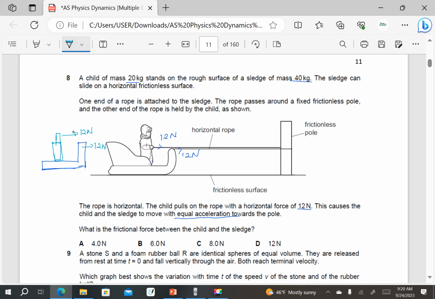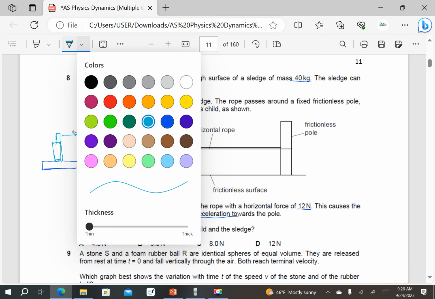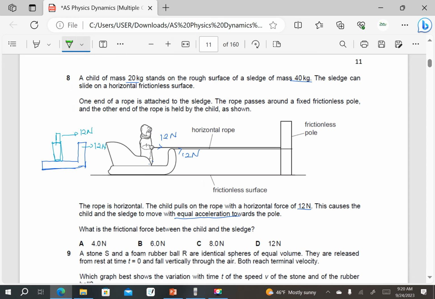So for equilibrium, first of all, there is friction. There must be a friction force on the child because the child is tending to move forward. There is a friction force between the child and the sledge, which I'm going to call FC.